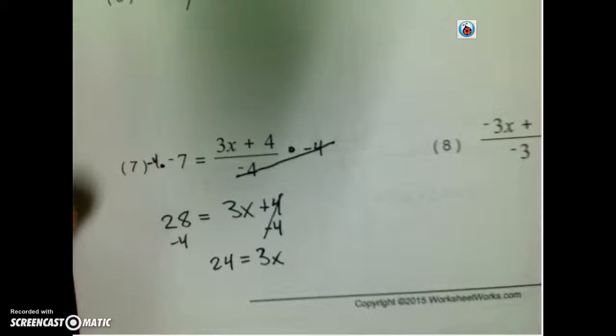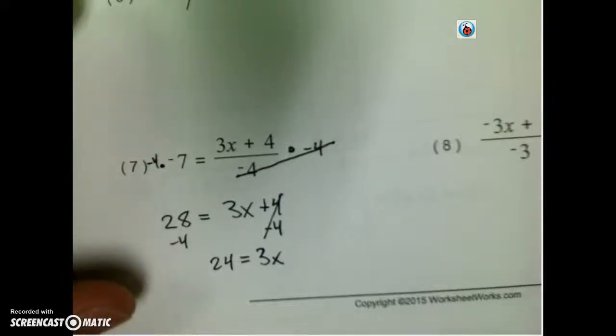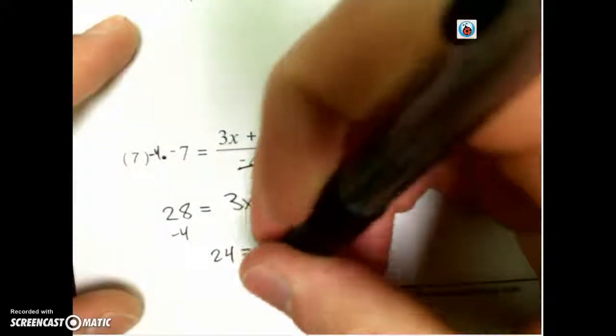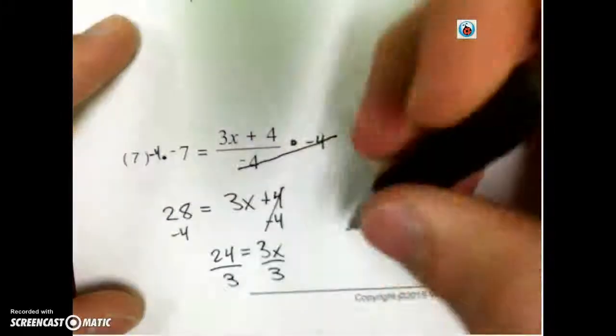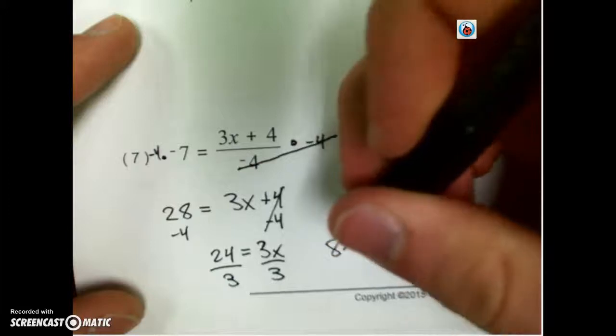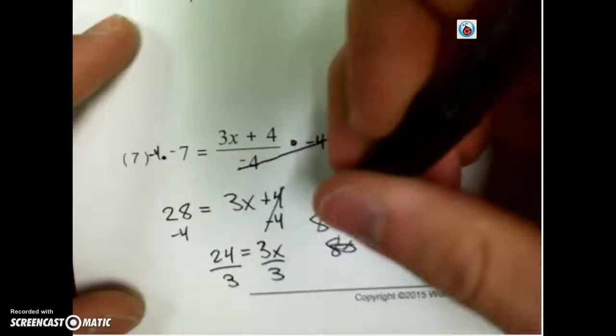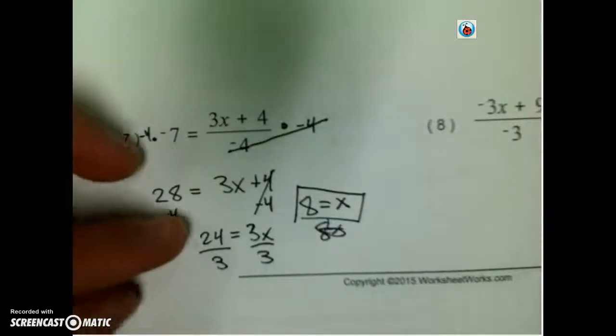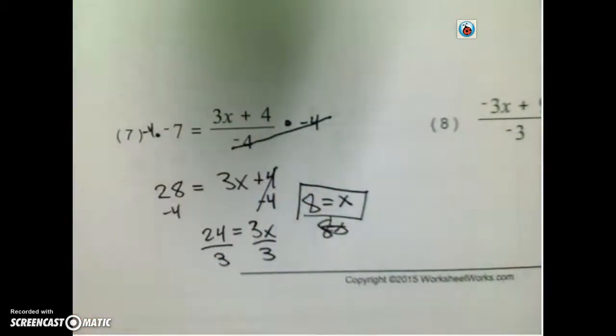All right, so there's us taking care of the addition and subtraction. Now I'll just divide both sides by 3, and we'll reach our final answer. All right, and because the 24 divided by the 3 gives us 8, x is equal to 8.